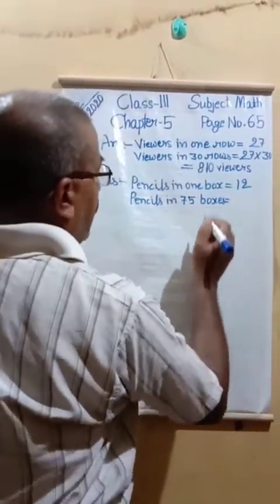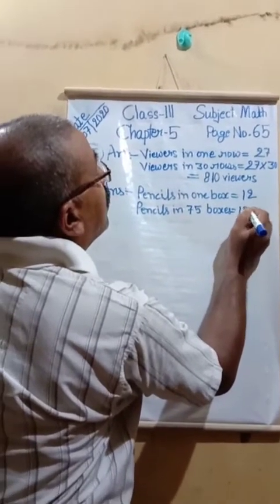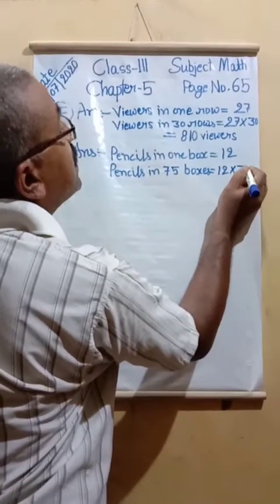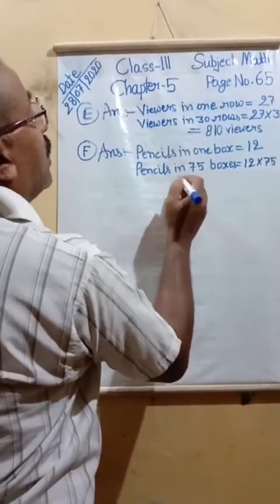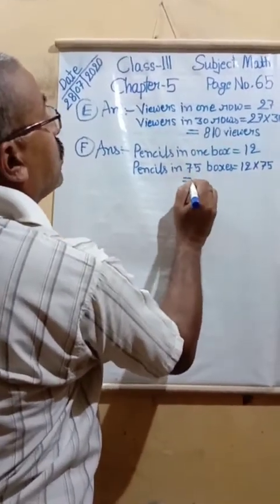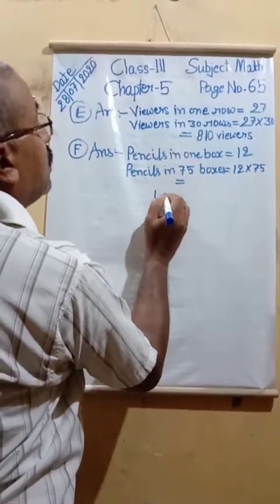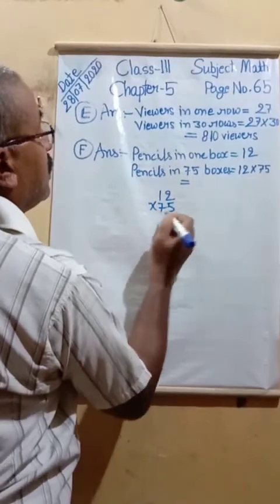We will multiply 12 to 75 equal to, here will be multiply 12 to 75.